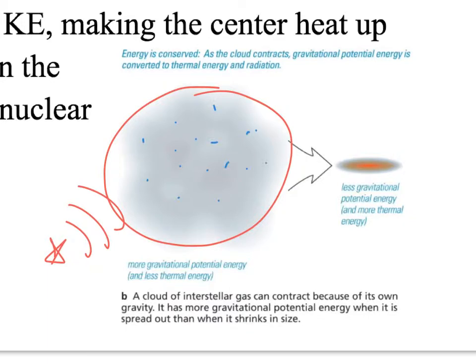I've introduced the term nebula earlier in the course, basically a gas cloud. That is going to turn into our solar system over like 100 million years, 100,000 years. I'll have to double check that.